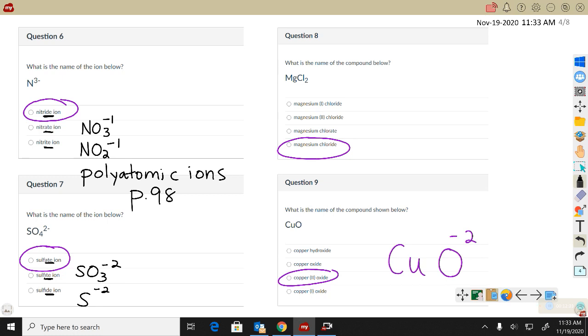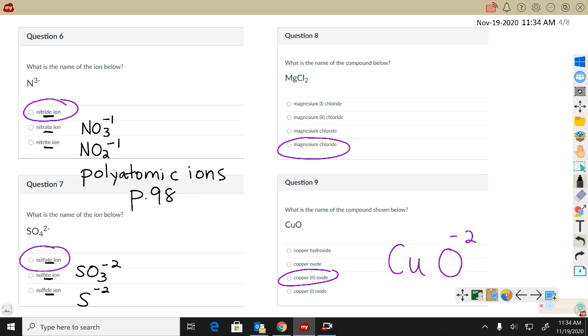And so nitrate, for example, NO3 has a charge of minus 1, because I'm going to need to gain 1 electron in order to properly bond nitrogen and 3 oxygen and give everybody an octet. So you don't have to try to figure out the charges by adding up the elements or anything like that. You just look them up. Page 98. But watch the way they're ending.